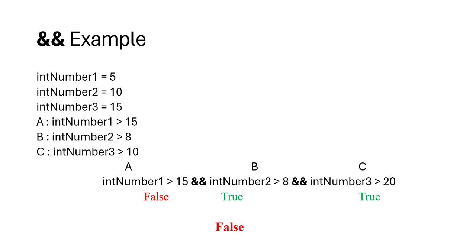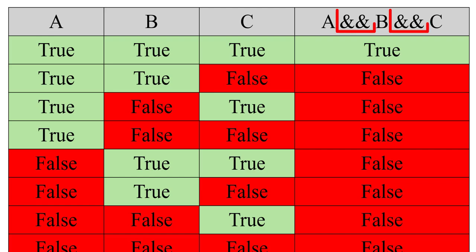Using the logic AND makes it a lot easier for you to test several conditions in the same line of code. And you can add several conditions in the same line. One thing to keep in mind is that for the AND operation, it takes only one false output or one false condition for the whole result to be false. Using the symbol AND to do the logical operation AND is called a short circuit operation.